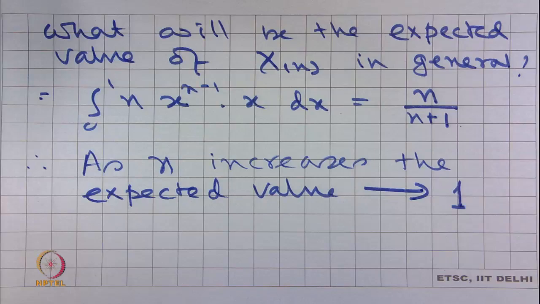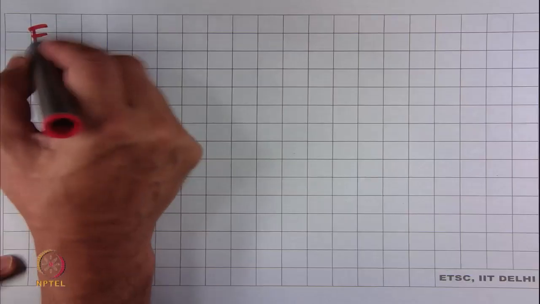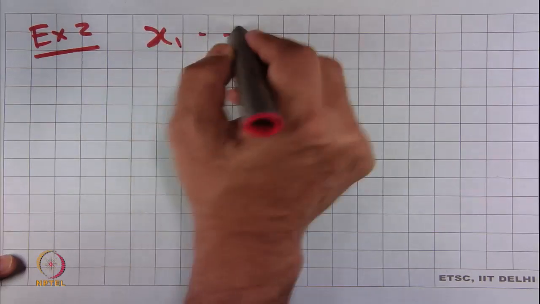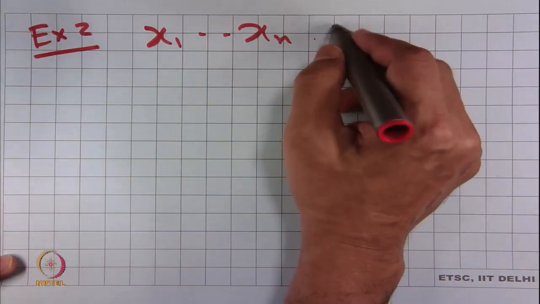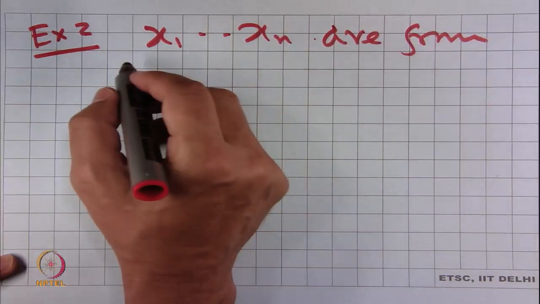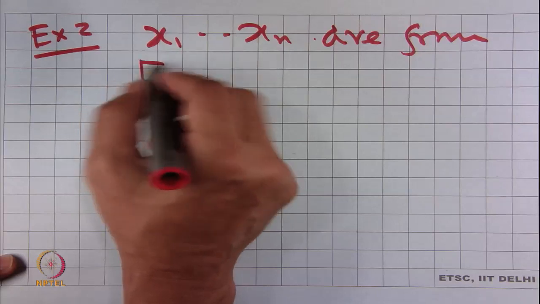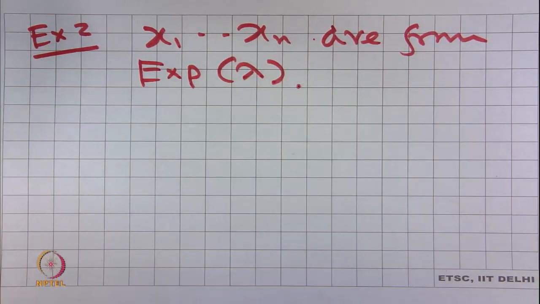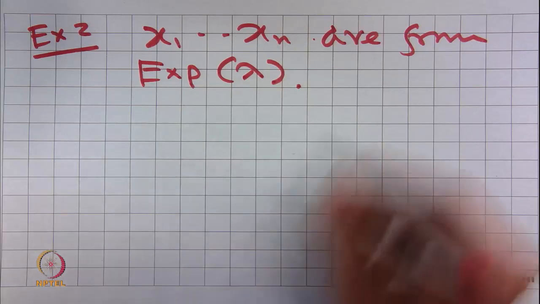Another example: X_1, X_2, ..., X_n are from exponential with lambda. Obviously, they are independent.